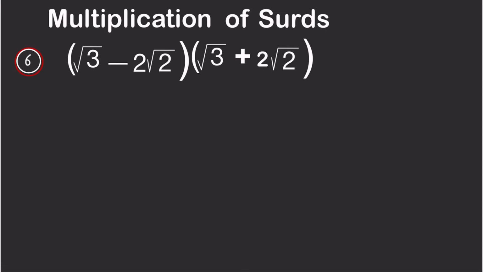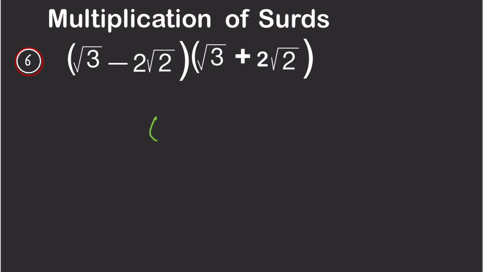Now, before I answer this question, I would like to do it fast. What we see is that this and this are the same, but we have a minus in between. Here we have a minus and we have a plus. This is called in math difference of two squares. There is an easy way to solve problems with difference of two squares. Before I explain this further, look at this.